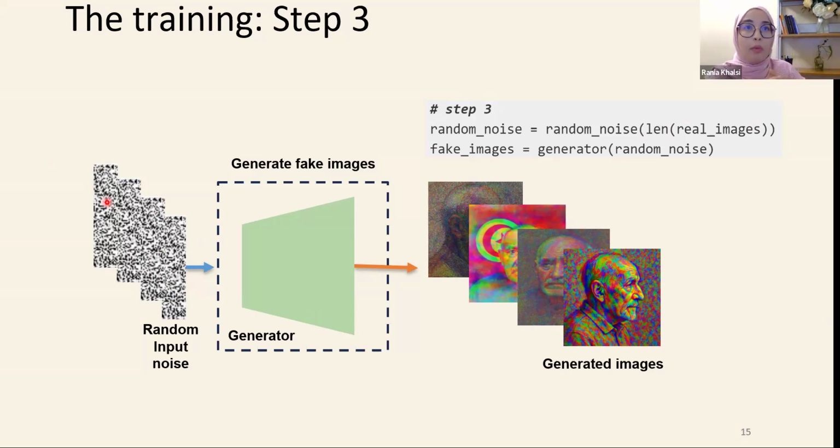Then we give this random noise, which is Gaussian, to the generator, and the generator gives you as output the fake images. So simply, we define the random noise, as much noise as we have images, and then we define the fake images, which are the output from the generator, by calling the generator with the random noise we defined so far. As simple as this.